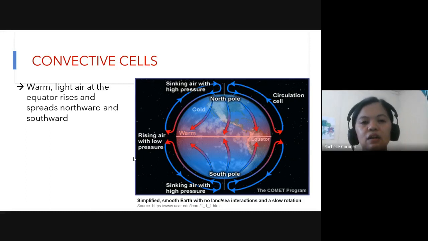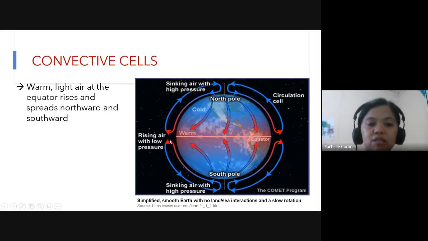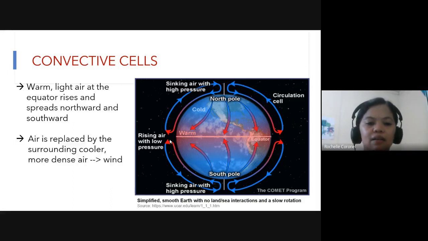At that level, the clouds can no longer rise, so at that point the rising air spreads northward. Then at the North Pole, you have a higher pressure area, so the air will start to sink. So the rising air at the equator produces convective cells.